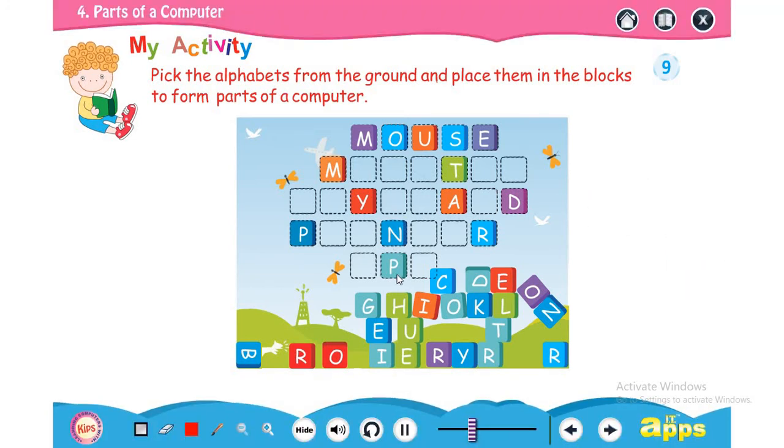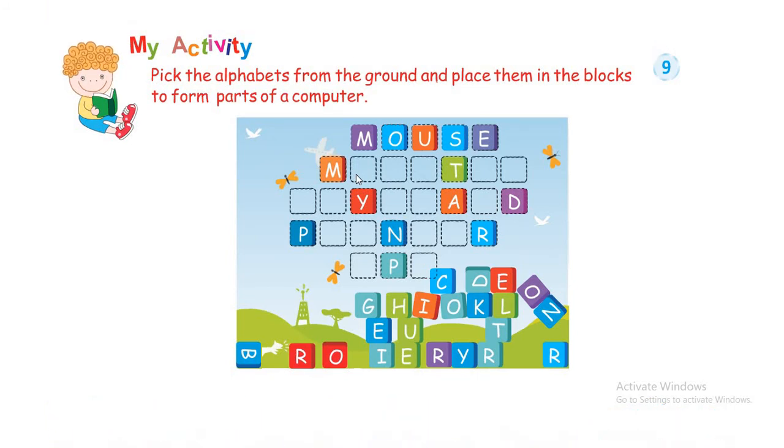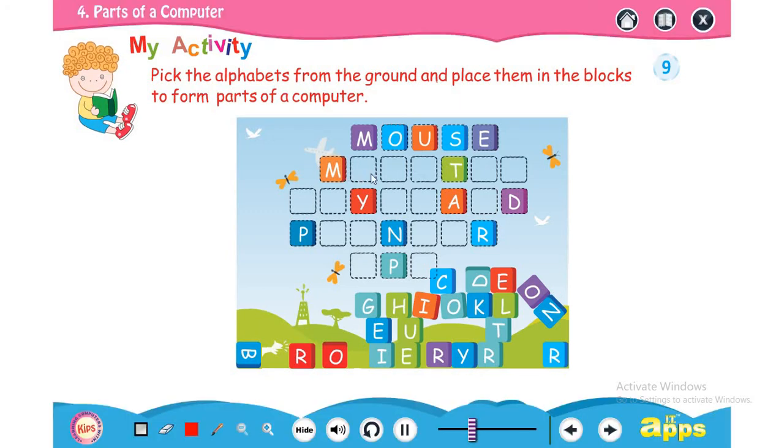Second one is a monitor. So you have to write here. You do not draw an arrow. Okay, you have to write the spelling. So here MONITOR, monitor.